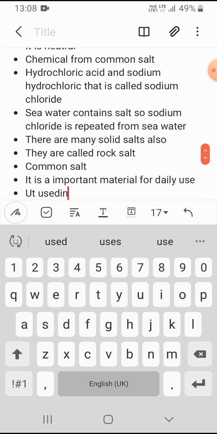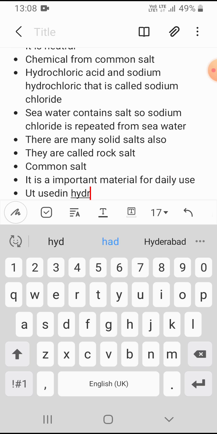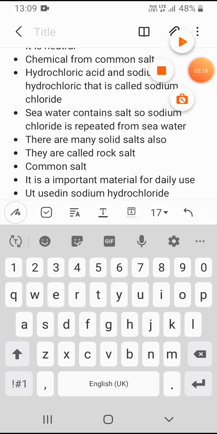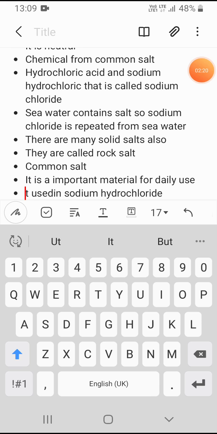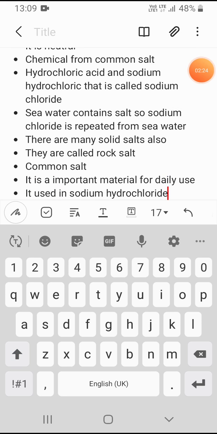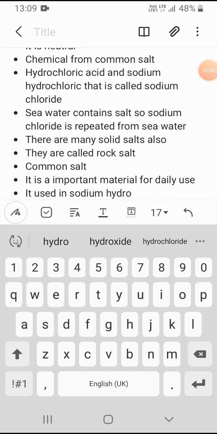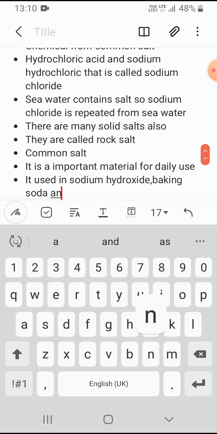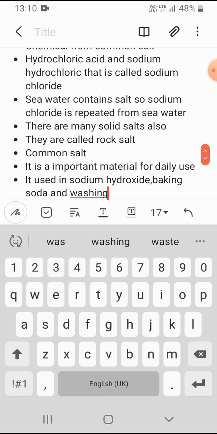It is used to make hydrochloric acid, sodium hydroxide, baking soda, and washing soda. In many things it is used.